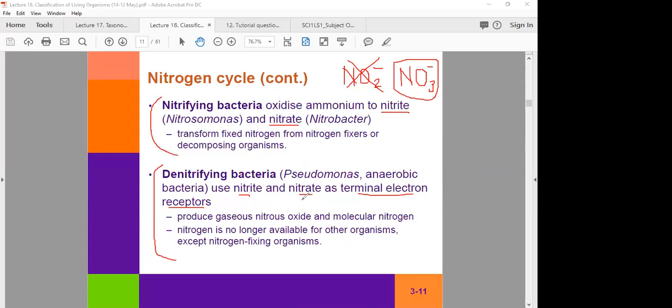And as a result, those important nitrogen species in the soil solution will be converted to gaseous nitrous oxide and molecular nitrogen N2, and once again the nitrogen is lost from the soil. So that nitrogen is no longer available for other soil organisms or for plants, well, apart from nitrogen fixing organisms.